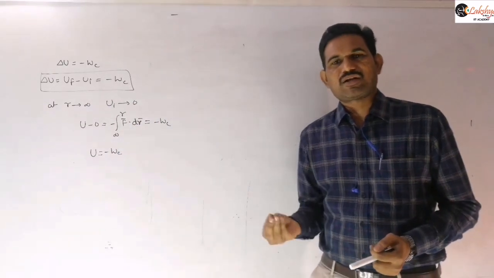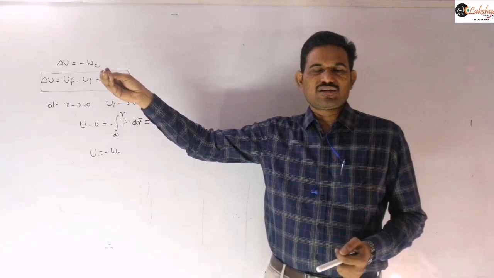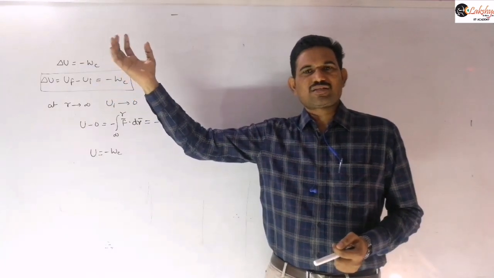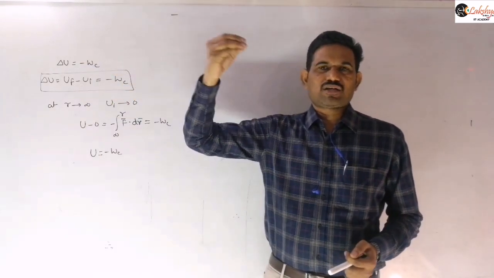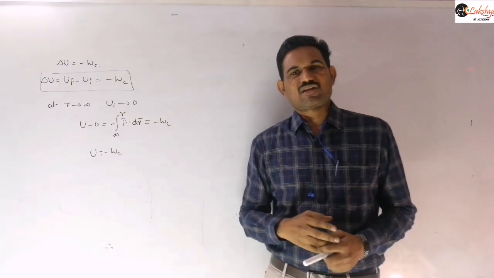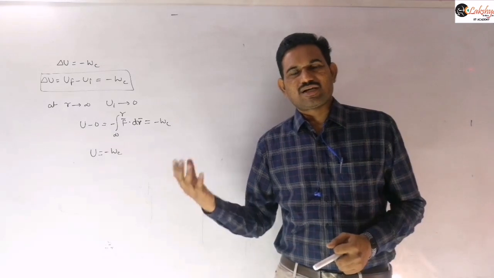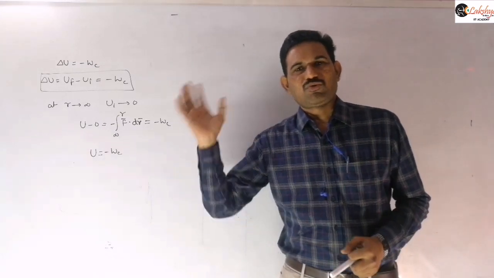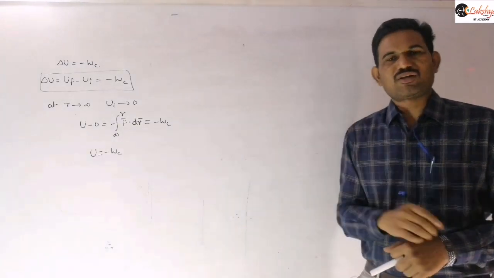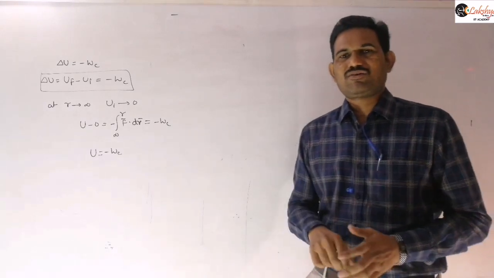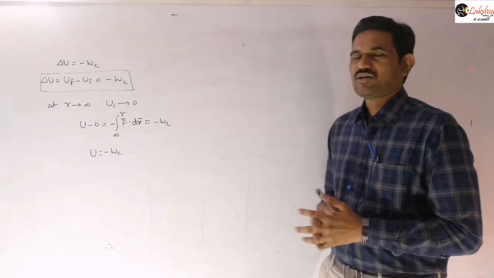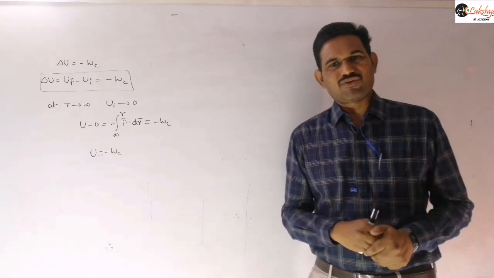For example, if a particle is initially at infinite distance, in space, and we bring it slowly and place it at a distance r from the center of the earth, then the amount of work done by gravity will be equal to the negative of the potential energy. Such calculations we will discuss in the gravitation topic.